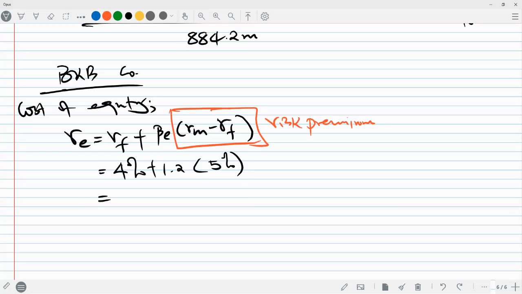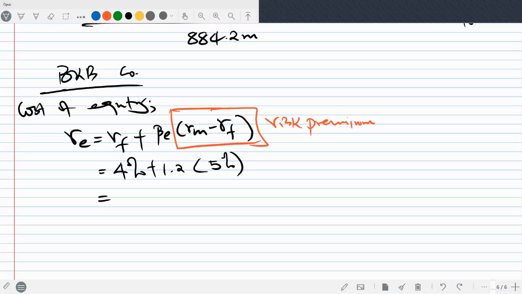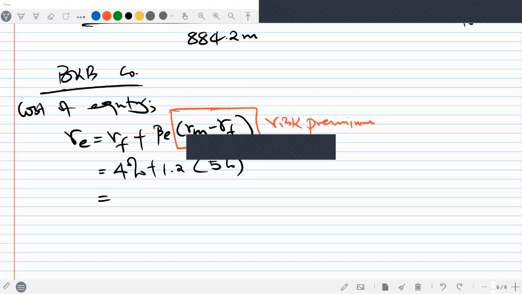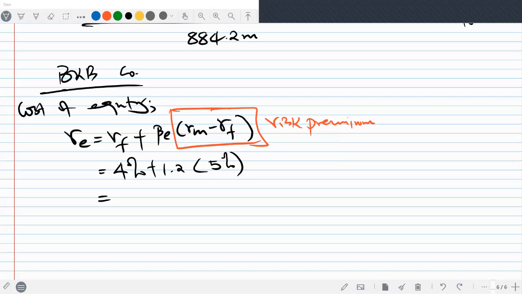What's the cost of equity? You get 10% as the cost of equity.